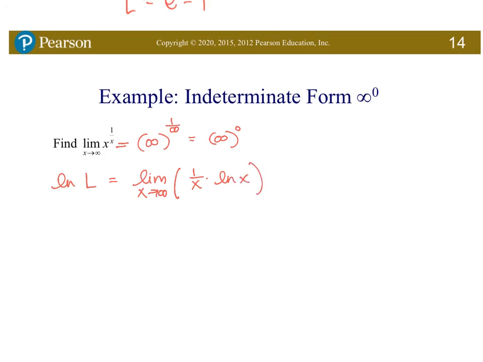Now this is already a quotient. I can write this in quotient form, and that will show the indeterminate form. So I get the natural log of infinity over infinity, which is the indeterminate form infinity over infinity. So now I can use L'Hopital legitimately.